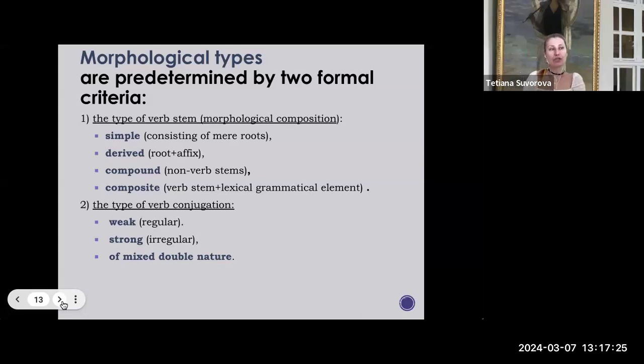Derived is when we have some root plus some affix, prefix or suffix or both. It depends on the situation. For example, nesti, prinesti, or in English, do and undo. Compound is two stems together that can compose one word, to blackmail.